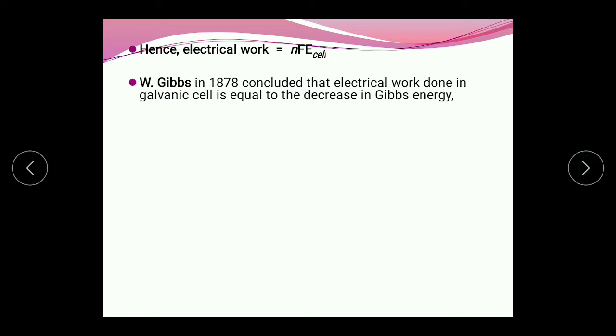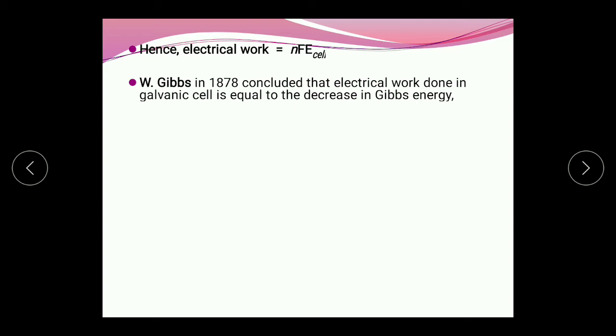Under standard conditions, we only have to make some changes. And in 1878, W. Gibbs calculated that electrical work done in galvanic cells is equal to the decrease in Gibbs energy.